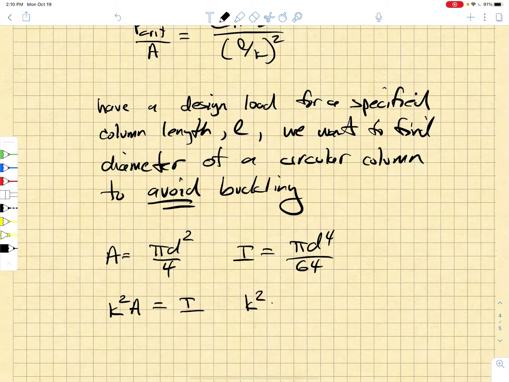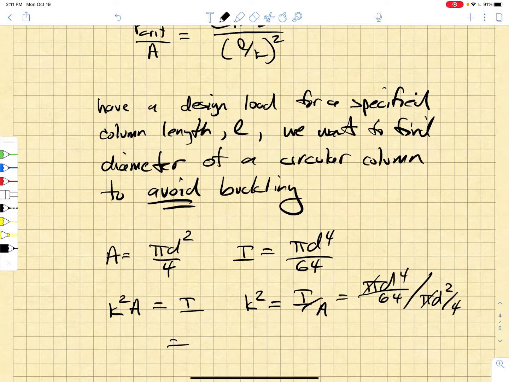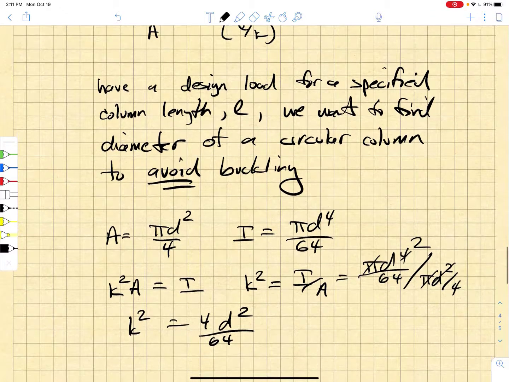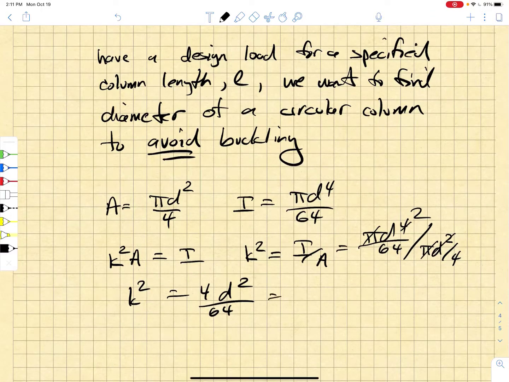That means that K squared is going to be equal to the moment of inertia divided by A, which is going to be pi d to the 4th over 64 divided by pi d squared over 4. Well, we can get rid of these pi's. We can get rid of 2 of those. We end up with K squared being equal to d squared times 4 divided by 64, and that just gives me K, the radius of gyration. If I do the math and take the square roots, it's just equal to d over 4.